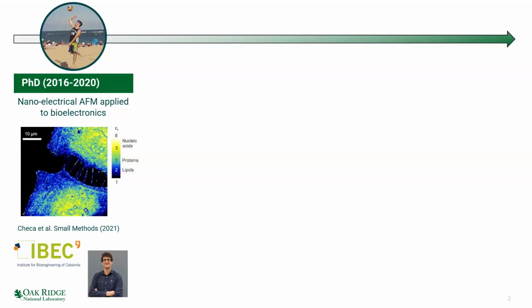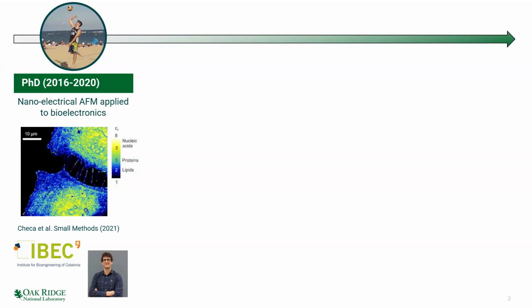Just one slide about myself, for the people that don't know me. I did my PhD from 2016 to 2020 at IBEC under the supervision of Gabriel Gomila. I used the AFM, but more for bio-related projects.